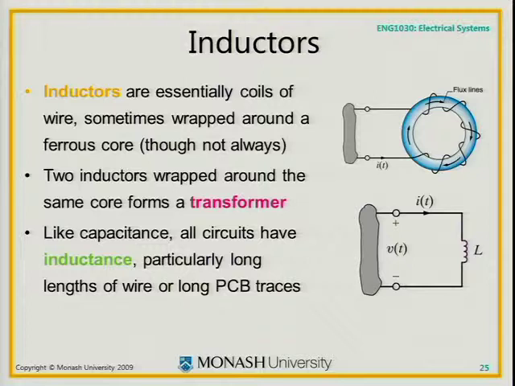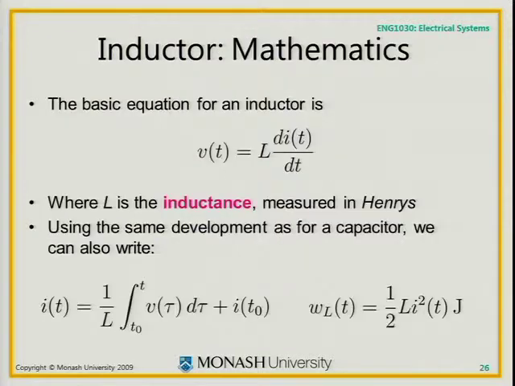When you try to change the current through a coil, things happen. Voltages get induced. And so that's what leads to the basic equation for an inductor. Ohm's law, if you like, for inductors is now V equals L times the rate of change of current.